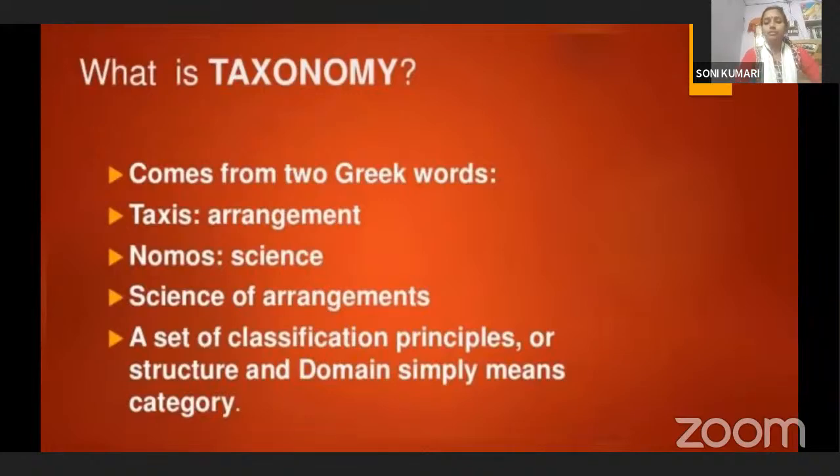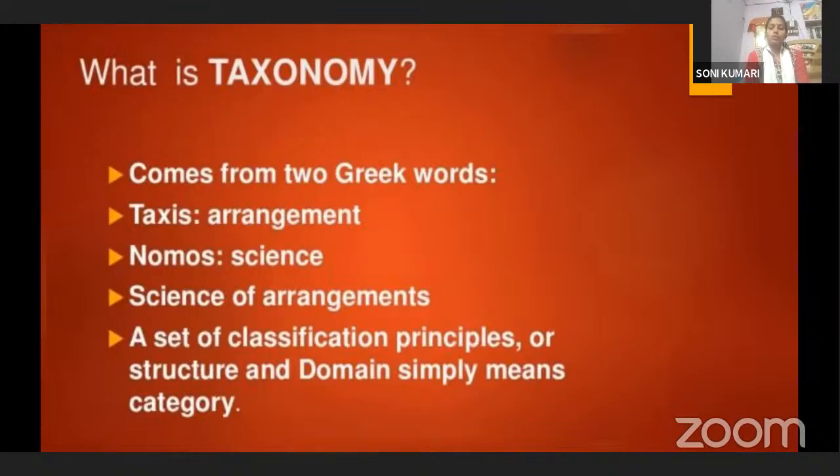According to the dictionary, the word taxonomy comes from two Greek words, taxis and nomos. Taxis means arrangement, nomos means law. So we can see that the science of arrangement is called taxonomy.